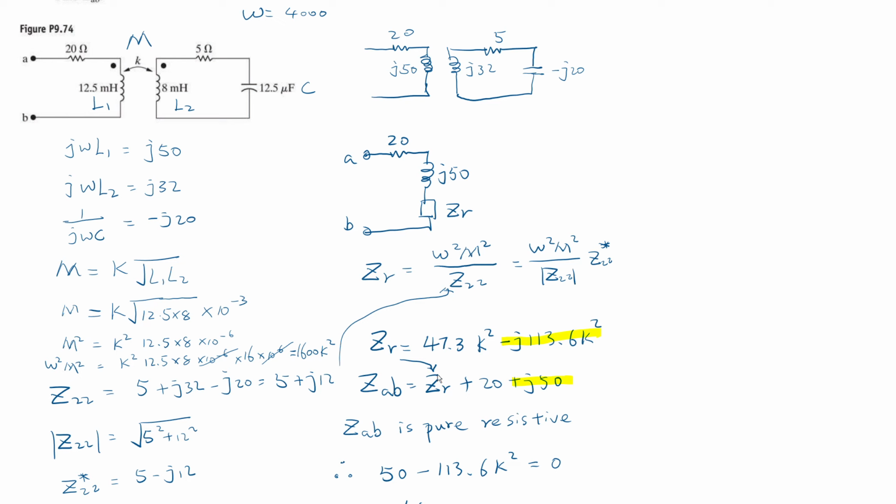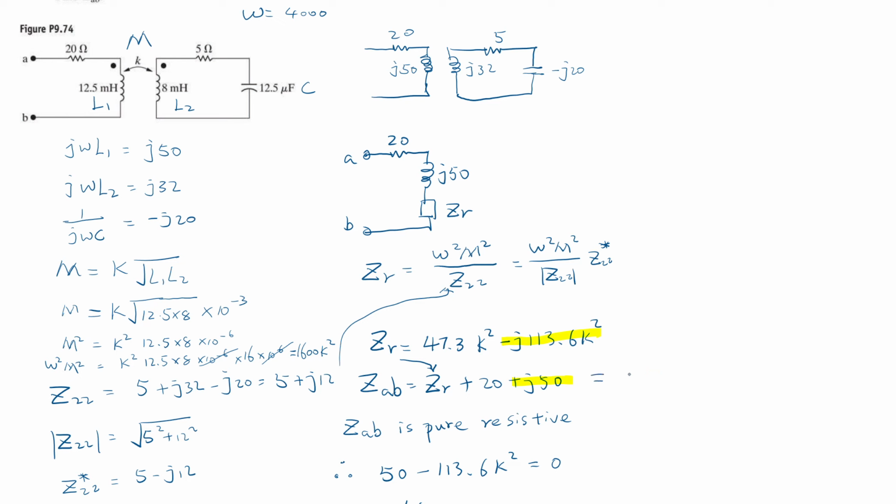So ZAB, you need to add this 20 and j50. Okay, so if you plug this ZR into here, and ZAB is purely resistive, so this part should equal 0. Okay, so if you combine that one, let's finish this part.